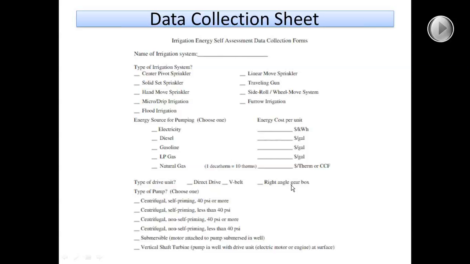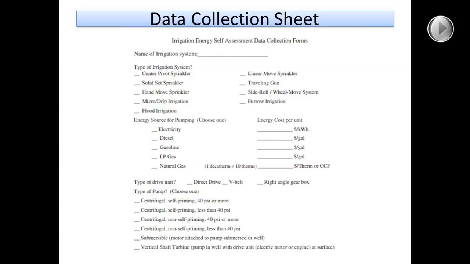We didn't really talk about belt drives yesterday. We looked more at close coupled and shaft drives, and some of those shaft drives would be your ones with the right angle gearbox. Direct drive would be close coupled, and with V-belts, you'll see actual belts on the drive system, if that's what kind it is.